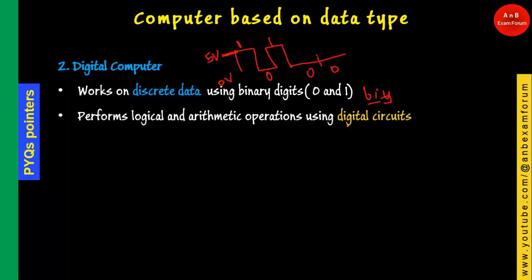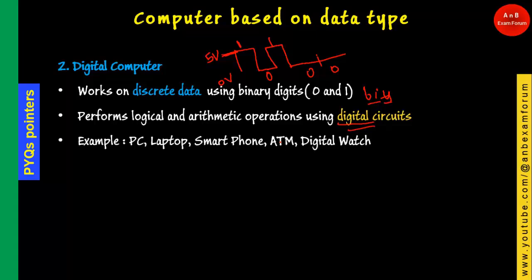So digital computers use digital circuits for performing operations. And nowadays in every arena you will see PC, laptop, smartphone, ATM, digital watch, all are examples of digital computer only.